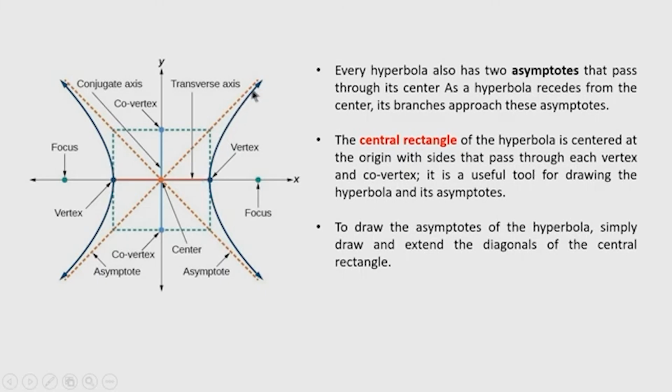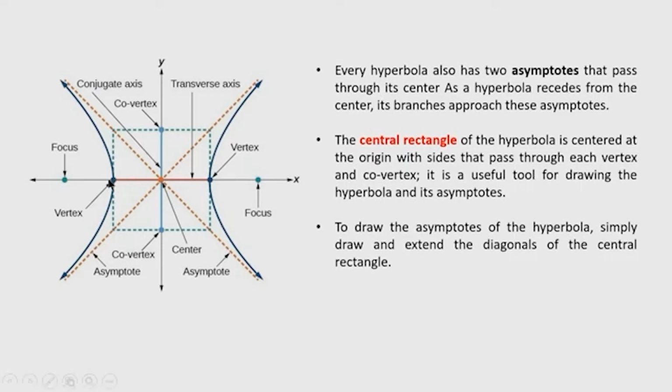You can see here in the upper portion as well as the lower portion, the hyperbolic curve is asymptotic to the straight line. Asymptotes are straight lines passing through the center of the hyperbola. The central rectangle that is formed here is centered at the origin with sides that pass through each vertex.